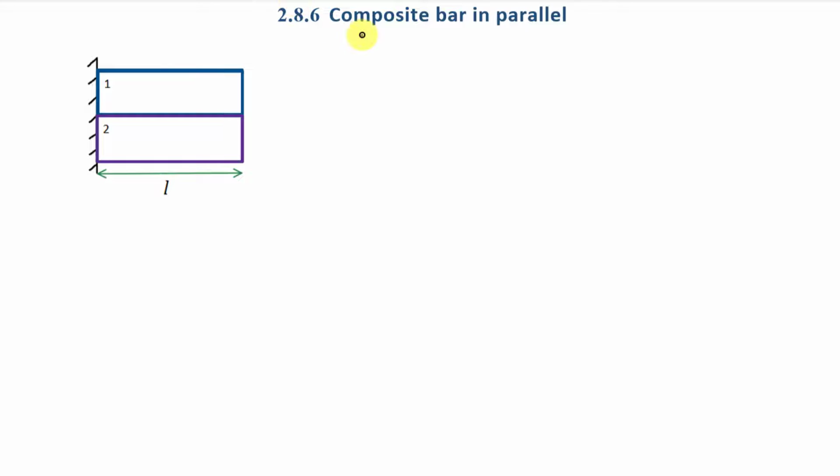Now we will discuss the next example in which we have composite bars which are in parallel connection. Here you can see that this is bar 1 and this is bar 2. These both are fixed at this left end and these both are connected at this surface. Length of both these bars is L. Now we are going to increase the temperature delta T of both these bodies uniformly. Due to that, what is the deformation in these bodies and what is the value of thermal strain and thermal stress in these bodies?